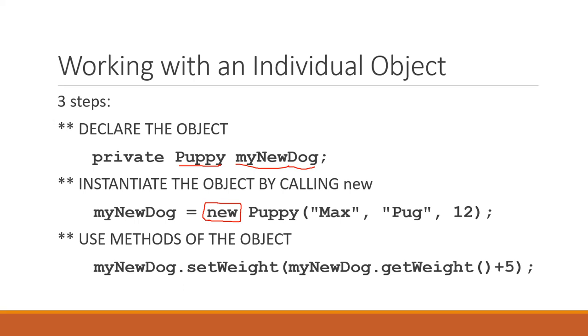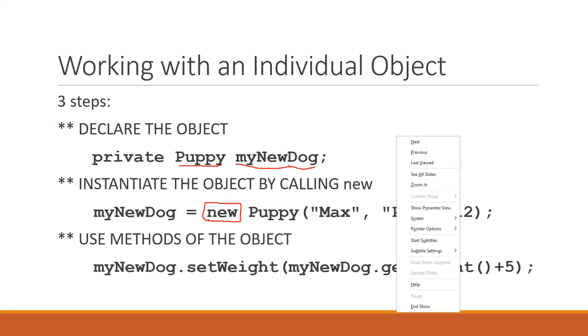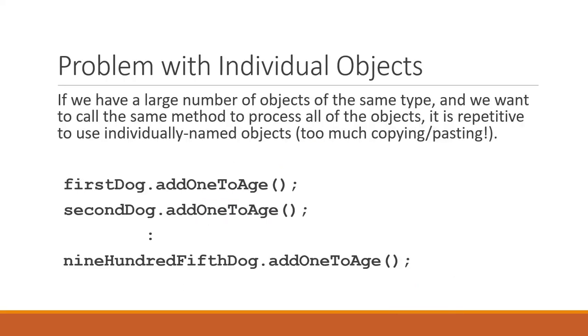Well, now there is a drawback to working with individual objects, and that is if you have a lot of them and you want to perform the same operation on each of the objects, it's very repetitive. So we have to copy and paste and change the names, and it's really kind of a pain.